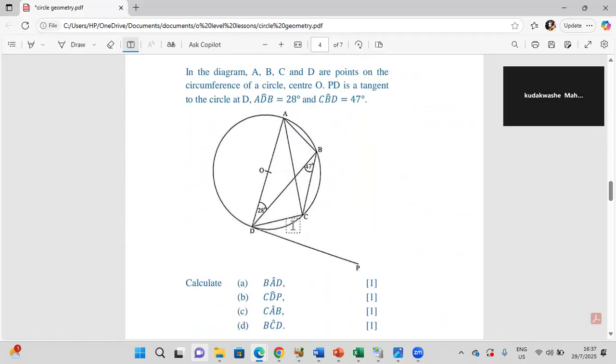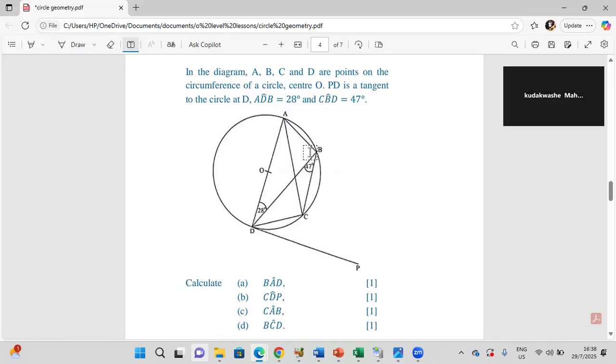Then calculate these angles. So I think regarding the tangent, we have talked about this concept quite often, that the angle formed by the triangle and the tangent is equal to the internal opposite. So this time around, they started with the 47 inside the triangle.